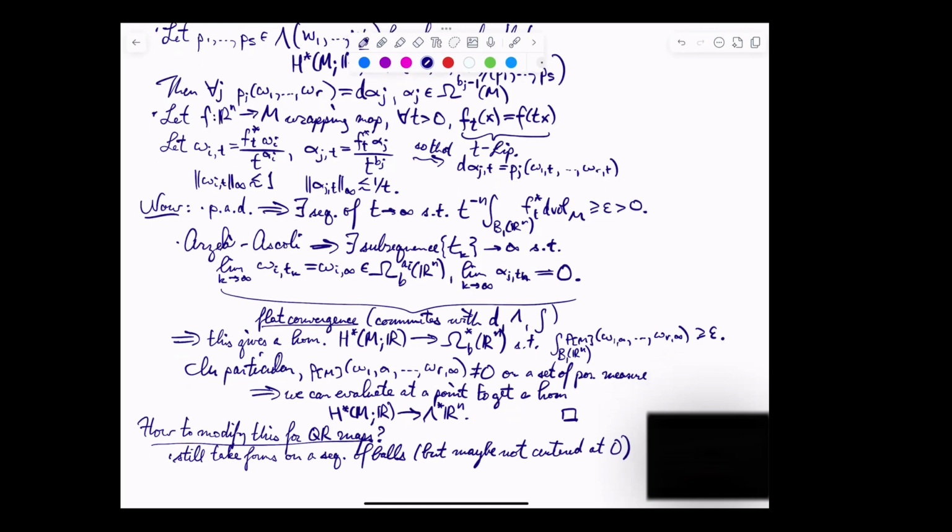You still do some kind of rescaling, but maybe the factor is no longer going to be the radius.